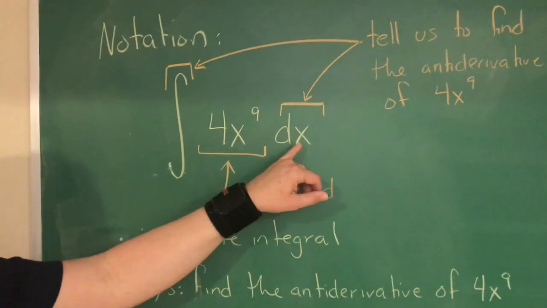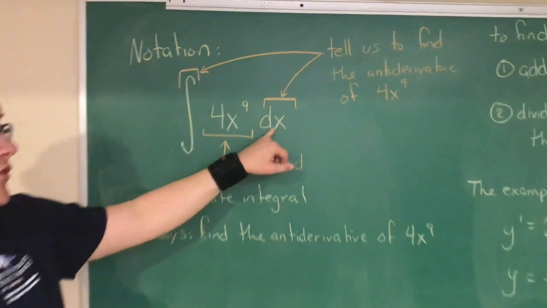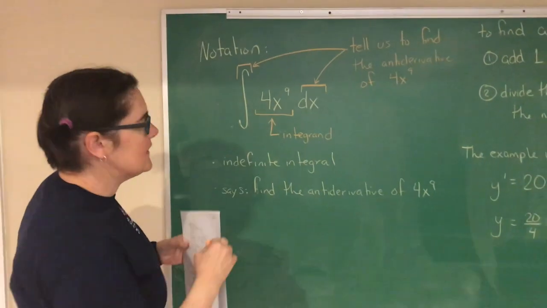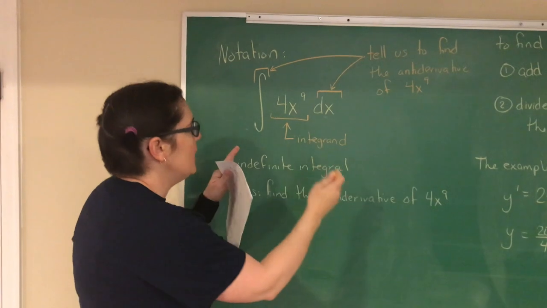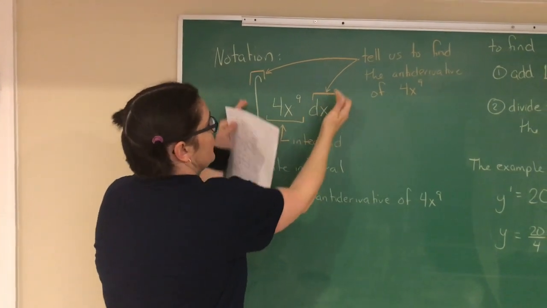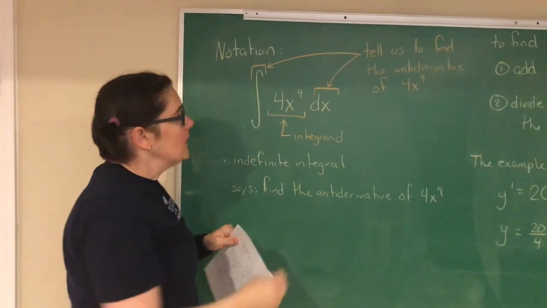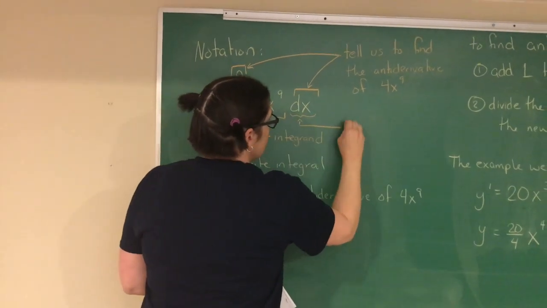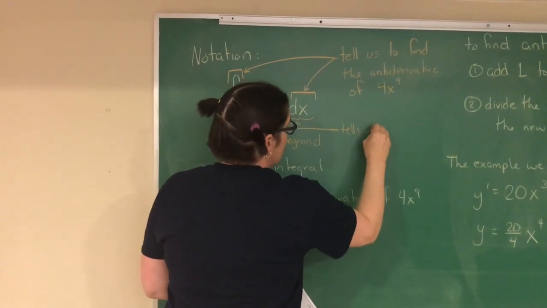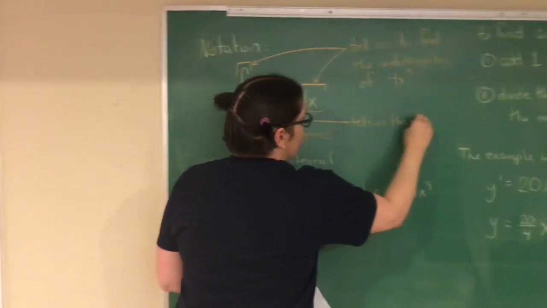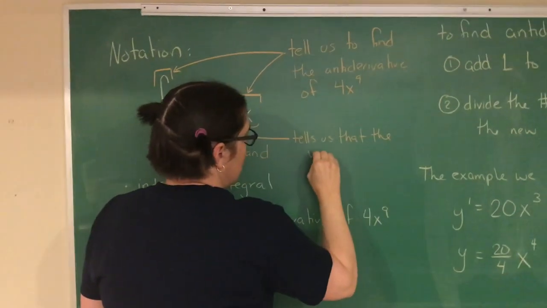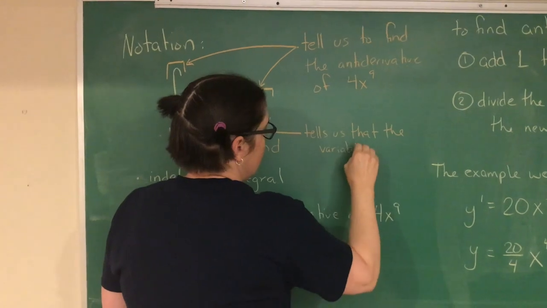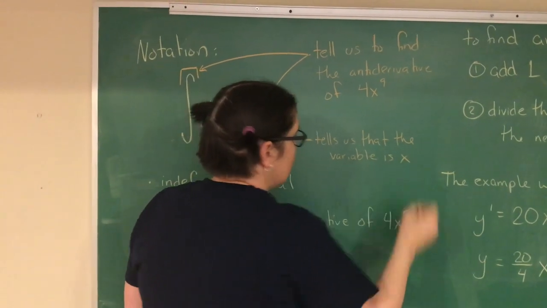And this dx at the end plays two roles. One role that it plays is that it's kind of like the end parenthesis of find the antiderivative of the thing in the middle. It also tells us that the variable that we care about is x.